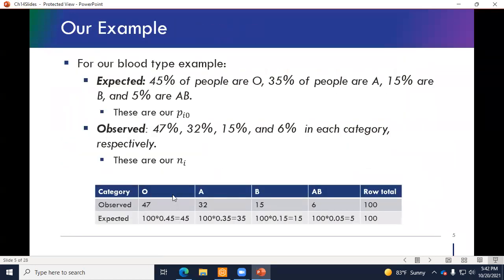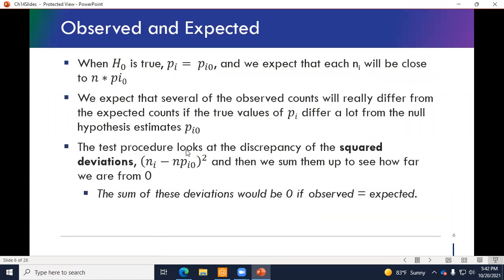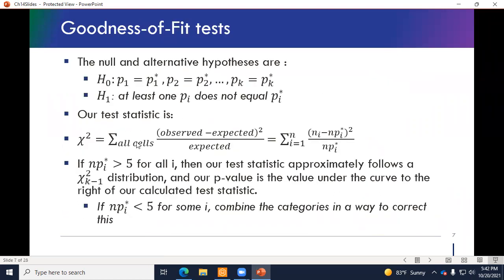All cells means we have 4 cells here, so we take the sum of these 4 categories. And formally, we will say i from 1 to k and sum over this quantity. And we have a condition here.